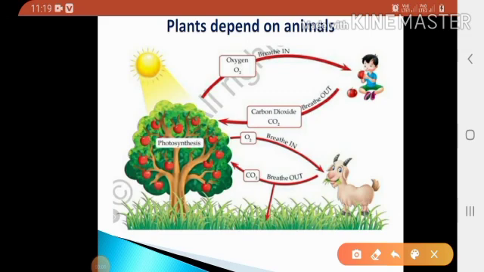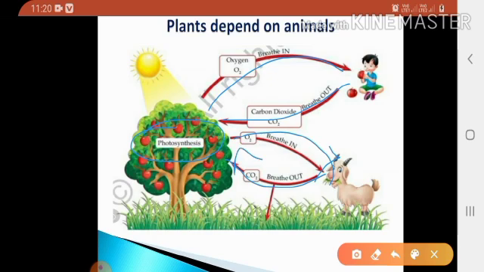Next point, plants depend on animals. In the process of photosynthesis, we have seen oxygen is released. So, oxygen is used by us, human beings and other animals also for breathing in. And we breathe out carbon dioxide, which is needed by plants for preparing their food by the process of photosynthesis.